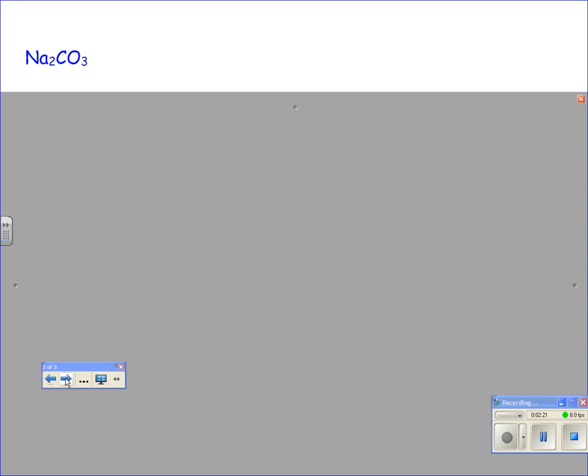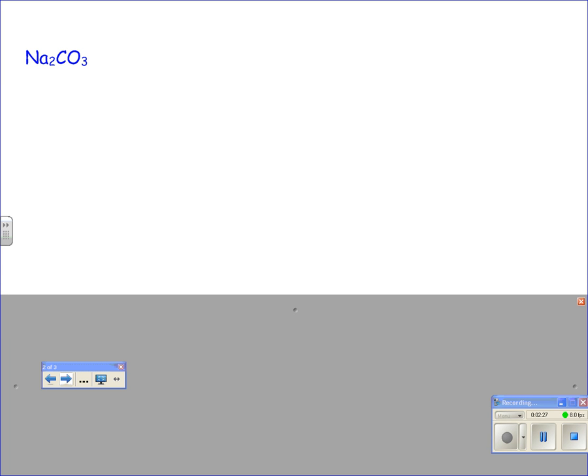For this one, sodium carbonate. Now we're going to have three parts that we're going to have to find percentages for. You have to figure out the percent sodium, percent carbon, and percent oxygen. So what you should do right now is work on finding the percentage of each one of those.